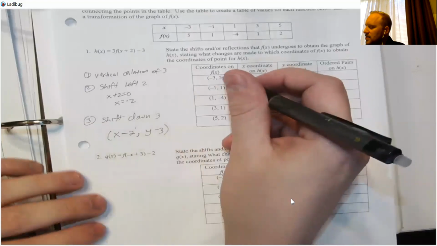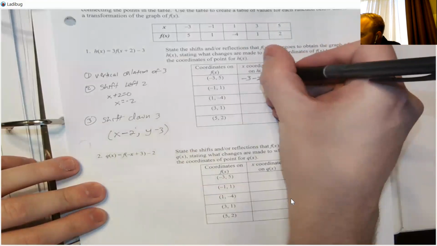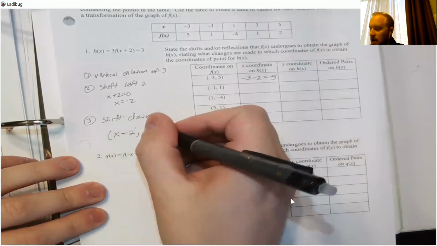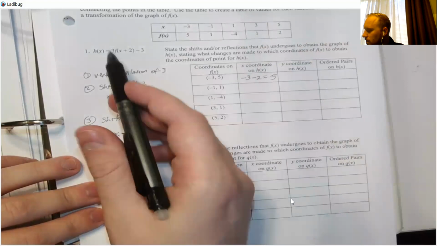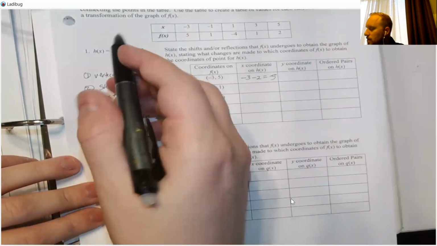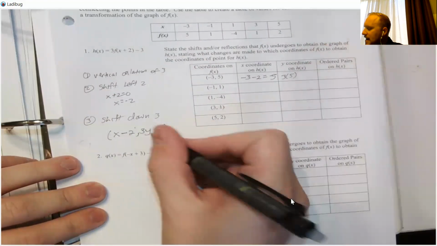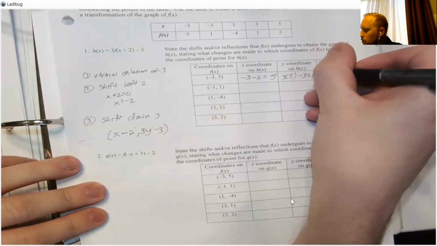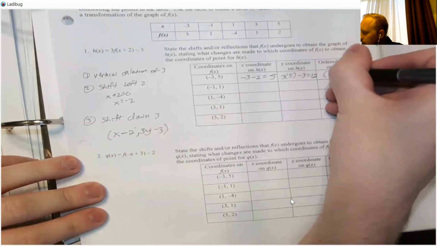If we have a point like this, we take -3 minus 2, which gives us -5. The y value, in this case, actually is going to be multiplied by 3, I forgot. We're multiplying 3 by 5, and then it's -3. So that gives us 15 minus 3 is 12. Our point, when we graph it, is going to be (-5, 12).